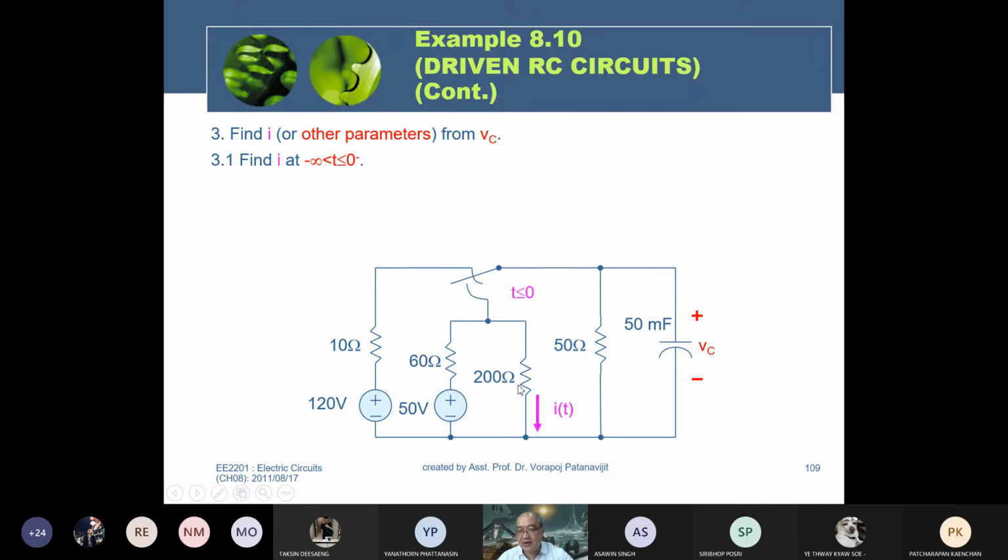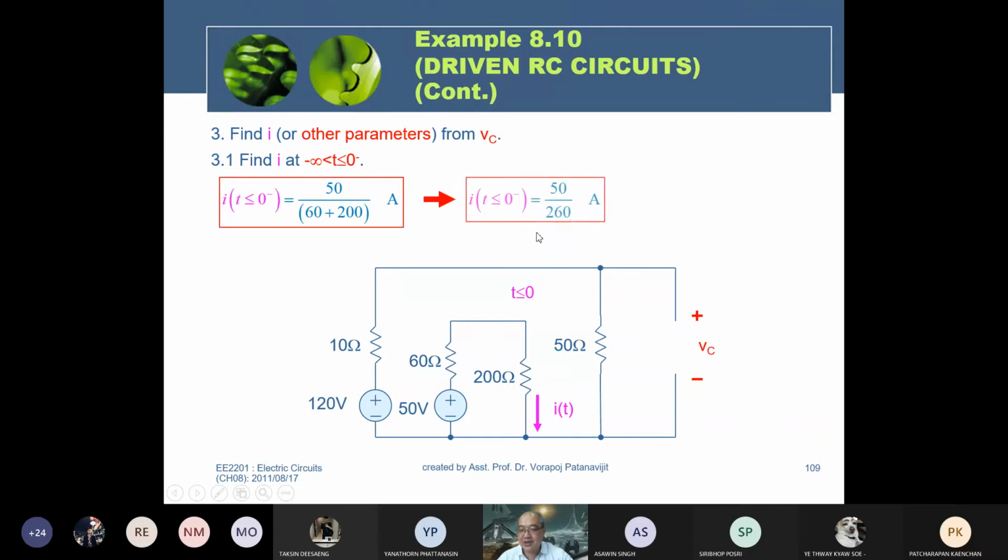Therefore, the current flowing in the 200 ohm is determined by the inside loop, the 50, 60, and 200. You determine I from Ohm's law. I equals V 50 divided by the resistance 200 plus 60. That gives you about 0.19 amp.